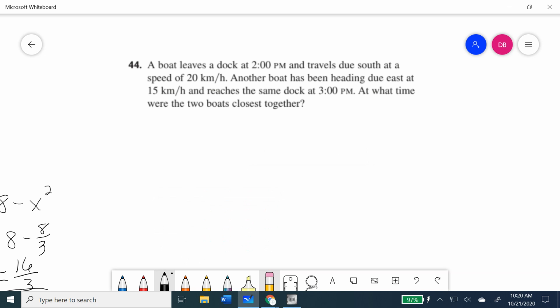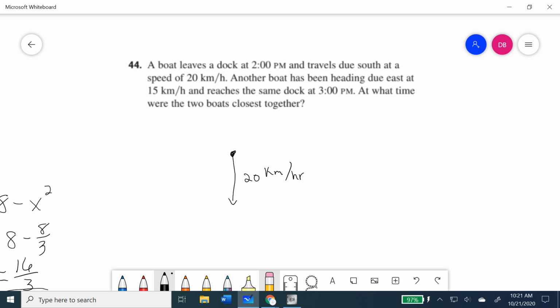I'm just going to draw a dot for where it's located, traveling south, and it has a speed of 20 kilometers per hour. Another boat is heading due east, or has been heading due east.